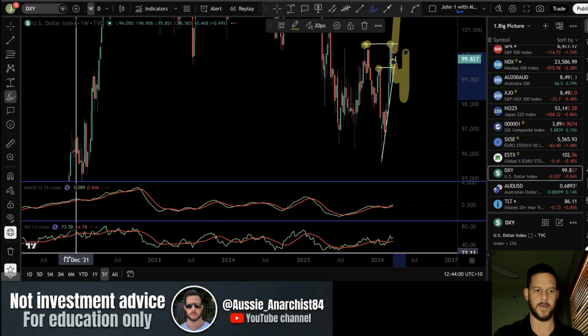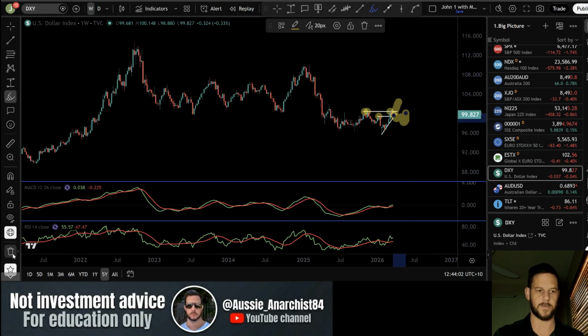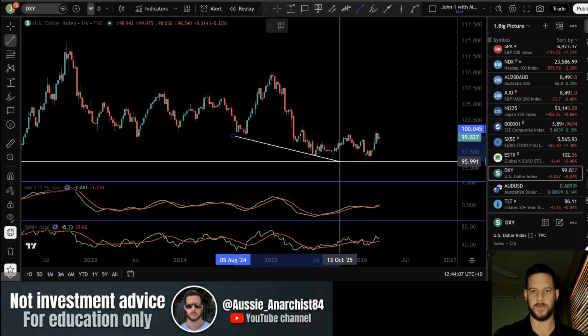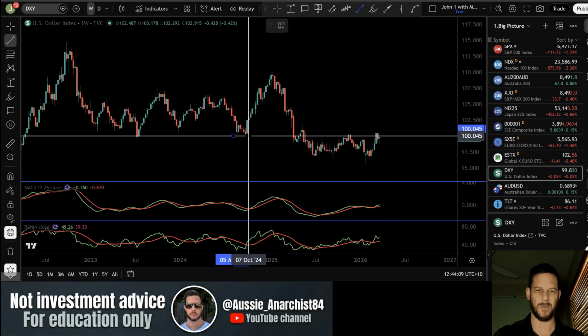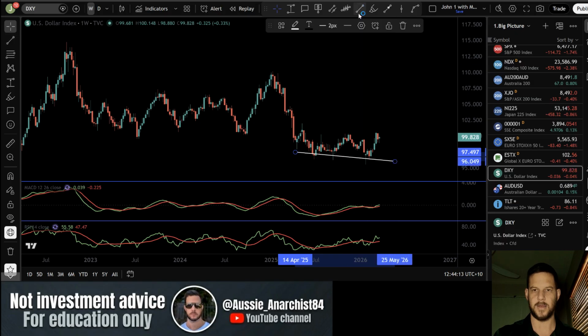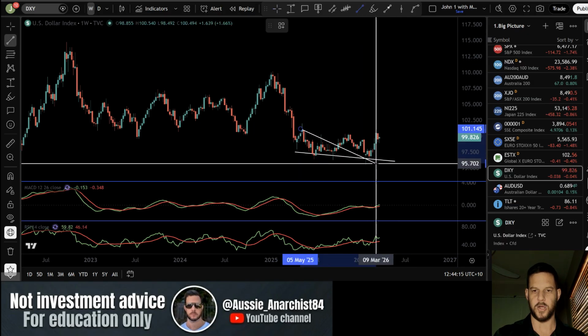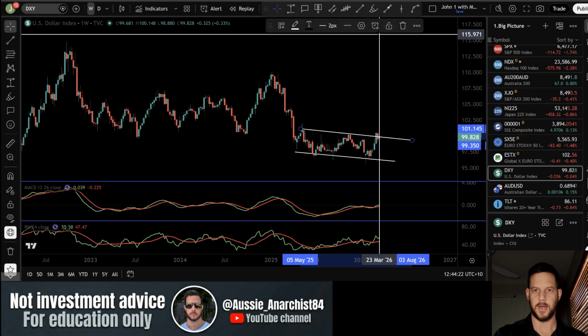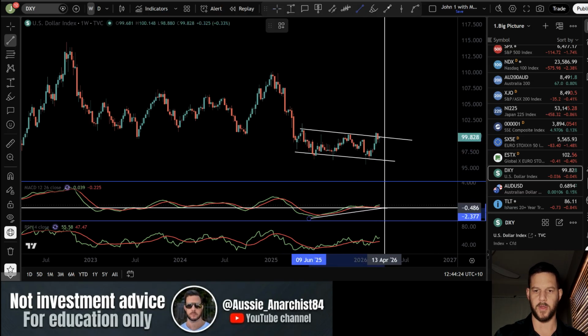And if we go to a 5-year chart on the US dollar, and TradingView didn't like that switch, we can see, and I've shown these patterns before, I would probably exclude that low for right now. We just look at the pattern it's in here. You could make a case that there was a little falling wedge there. You could make a case that this is a channel with positive divergence on the momentum indicators.